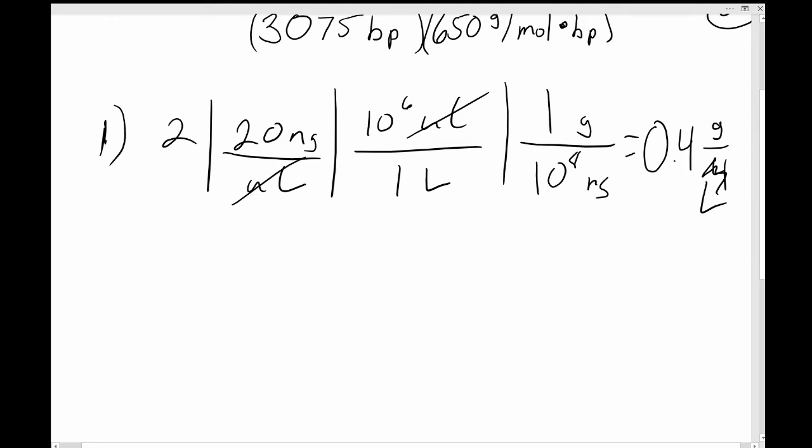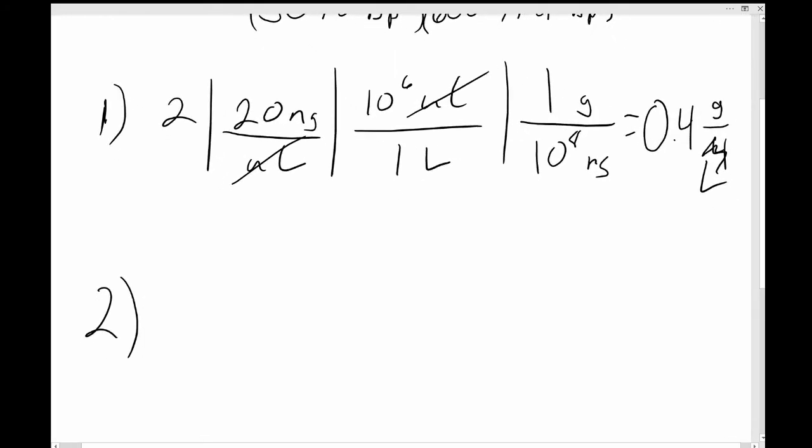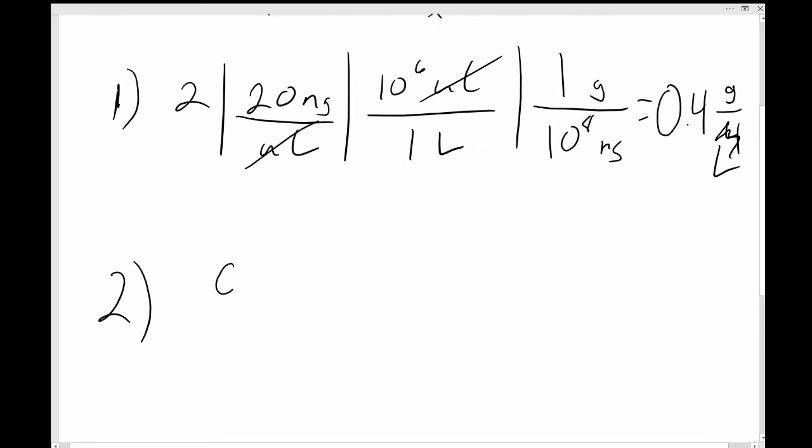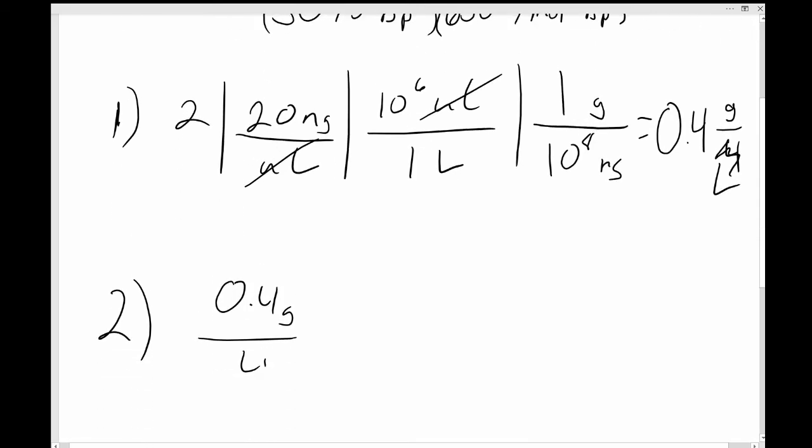Now we need to convert that into moles over liter. So if we continue with the equation, what we end up with is 0.4 grams over liter. At the bottom we have 3,075 base pairs, because this is how big our gene is.